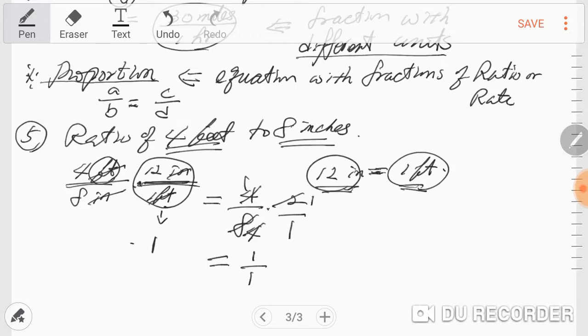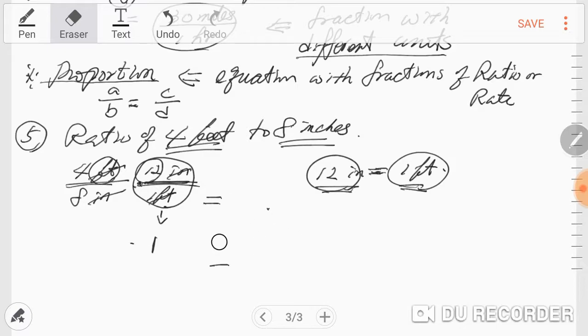Wait a minute. I think I made a mistake. Yes, I made a mistake. This is not 2. This is 12 inches, right? So let me remove this and rewrite. So this is equal to 4 over 8 times 12 over 1.